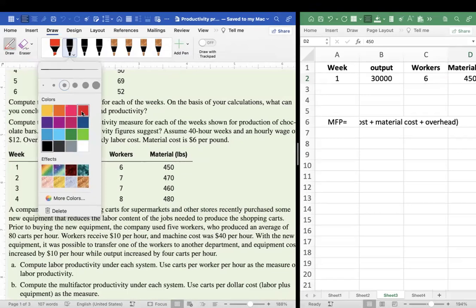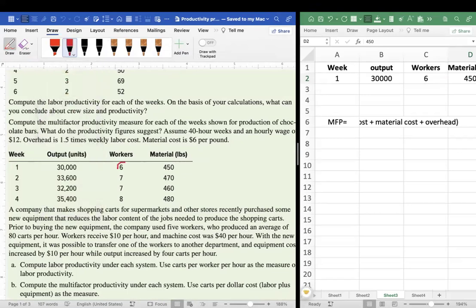As you can see, they have these 6 workers, and these workers work 40 hours a week, and they are paid at the rate of $12 per hour. So that's the complete information required for calculating labor cost.